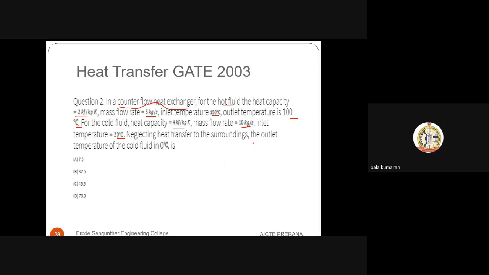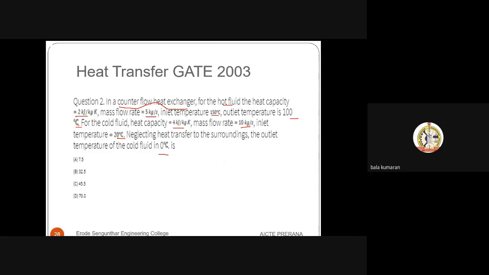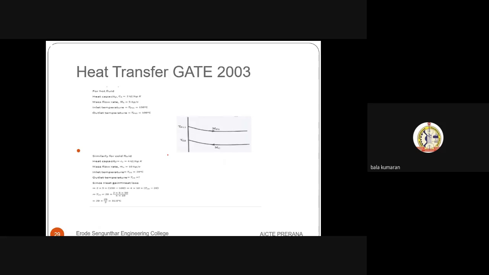Here they say to neglect the heat transfer, and the outlet temperature of the cold fluid is 0 degrees Celsius. They ask to find the outlet temperature of the cold fluid, which is the T1.